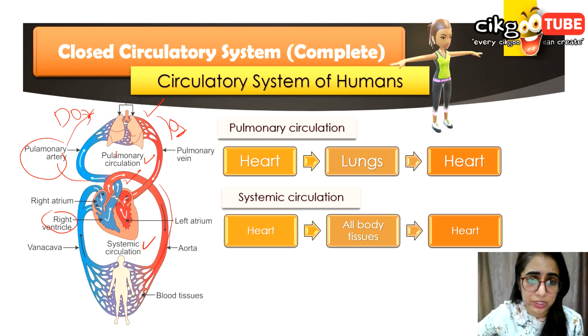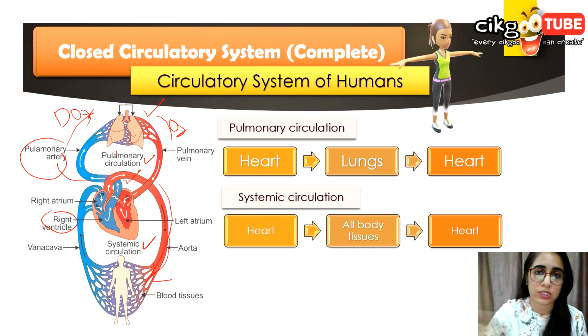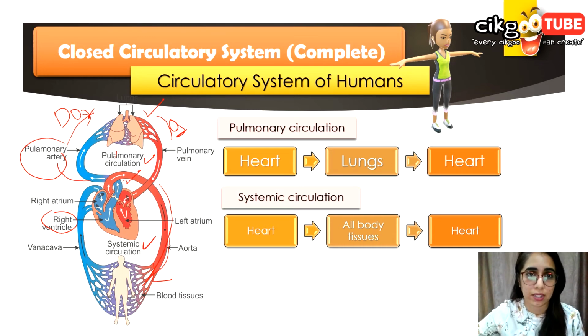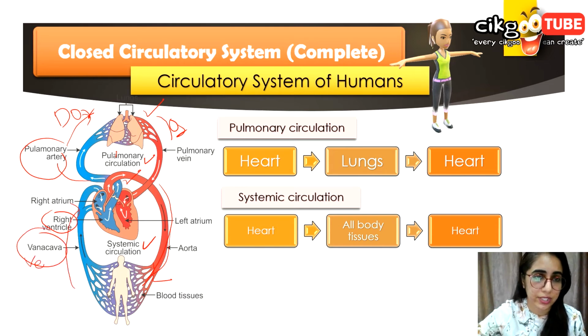So it will reach the body tissues, liver, stomach, and so on, and the exchange of gases occurs in the body tissues. The deoxygenated blood is channeled back to the heart through the vena cava, and back to the right atrium of the heart. So that is the human circulatory system.